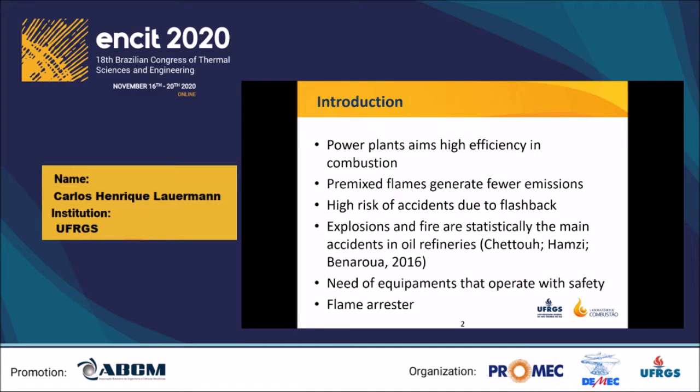Explosions and fire are statistically the main cause of accidents in oil refineries, so there is a big need for equipment that operates with safety. The flame arrestor is the equipment that offers safety for premixed flames, avoiding the flashback.